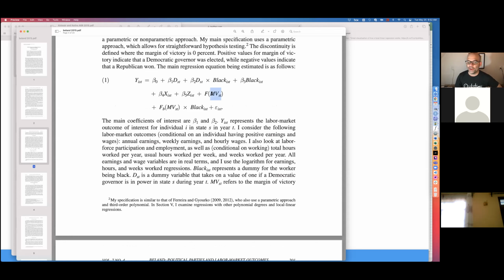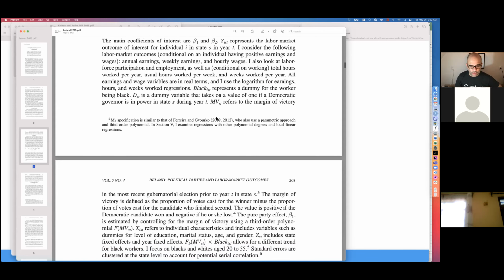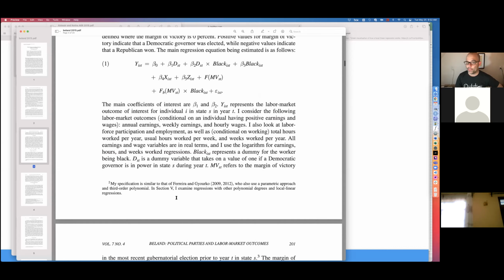This is the running variable, which is the margin of victory, so it's how much they win by. And FB is African-American interacted with the running variable. They're going to allow for polynomials. Okay, so this is a global regression. Therefore, you'll have to focus on the margin of victory as polynomials.